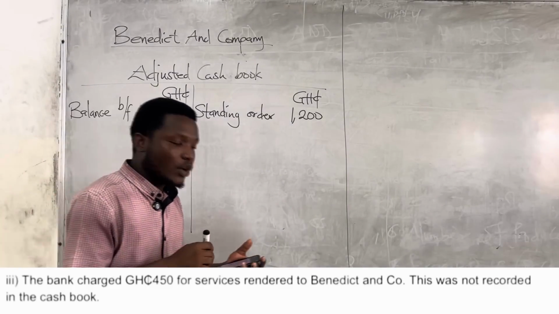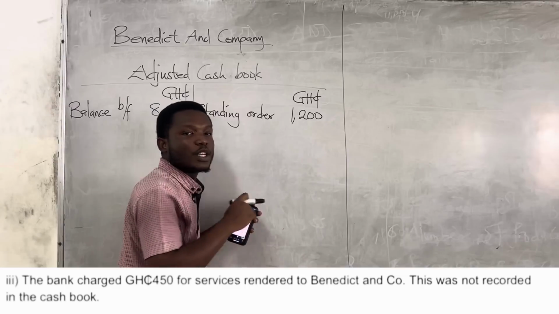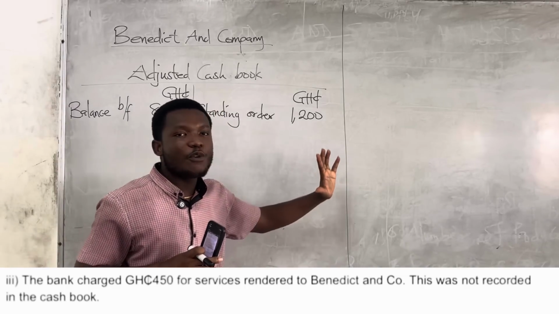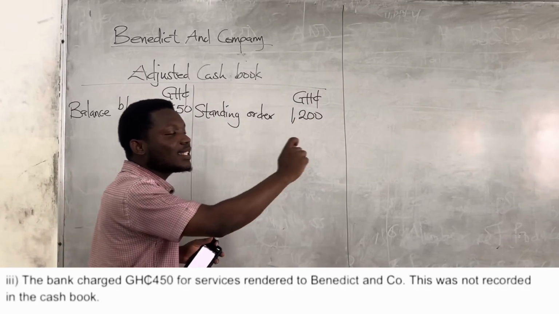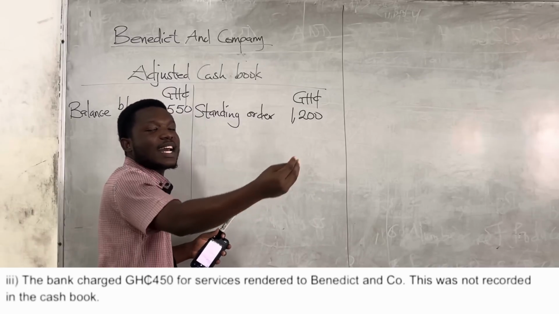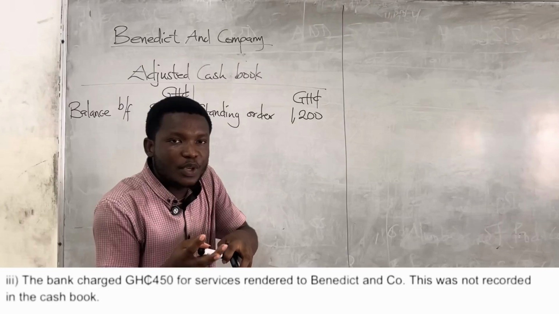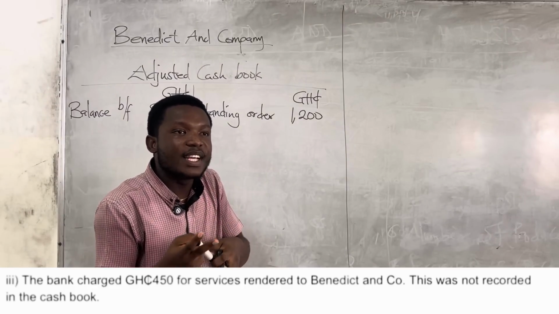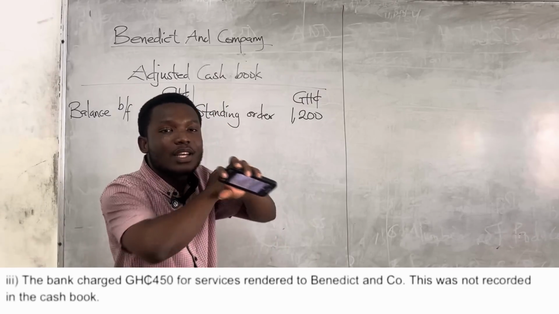And the bank won't come and tell you that because you have an ATM card, we have deducted this amount of money from you. No, the bank will deduct it without your knowledge. So when you go for the bank statement, that's where you are going to know that the bank charged me this amount of money for the services that they are rendering for me. They are keeping your money safe for you, which is saving your money. They are giving you an ATM card to get access to your bank account anywhere you are.